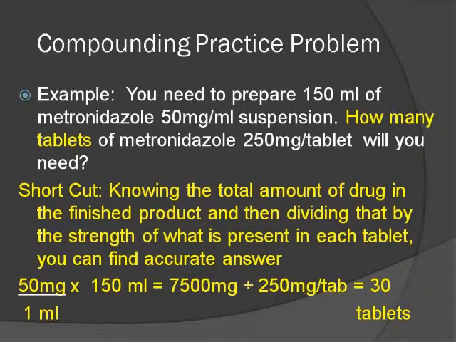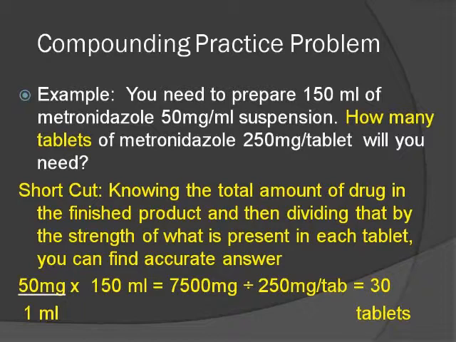By knowing the total amount of drug in the finished product, and we do that by taking the concentration times the quantity we're making, and if we take that and divide it by the strength of what is present in each tablet, that will also give you the correct answer, or the number of tablets that we'll use.